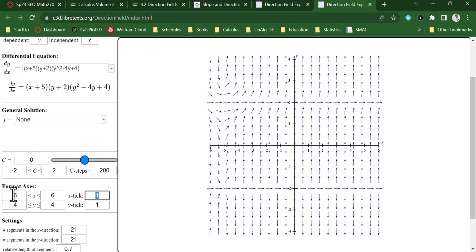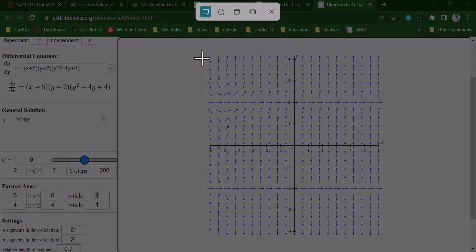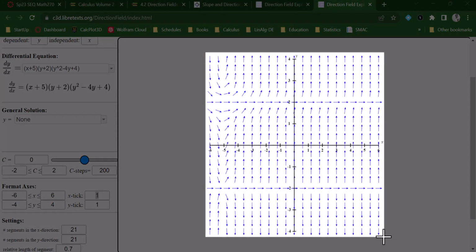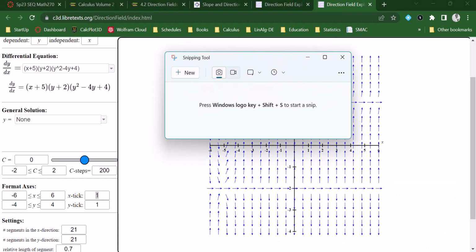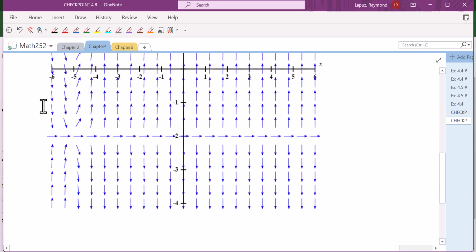So we still see the disruption that's happening when x is equal to -5, but we can see from there what else is going on. So let me capture this and put it in our notes, and get a better analysis with that graph.